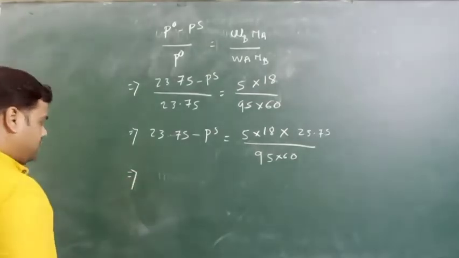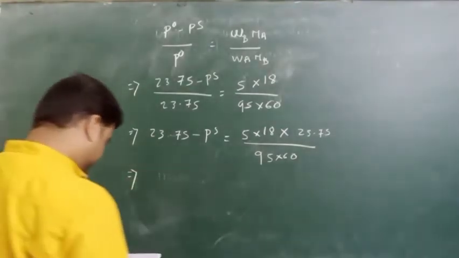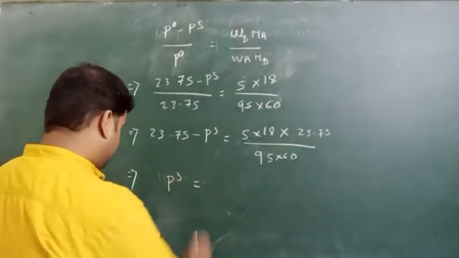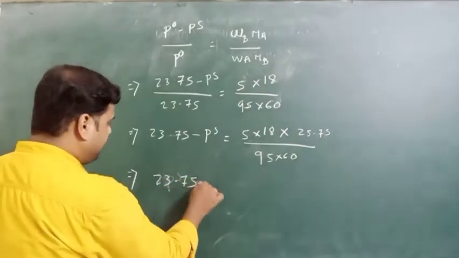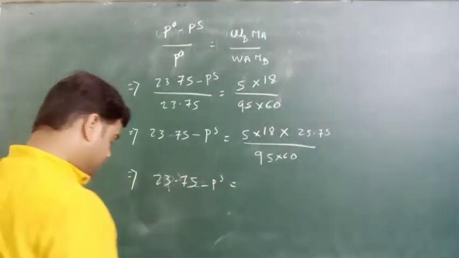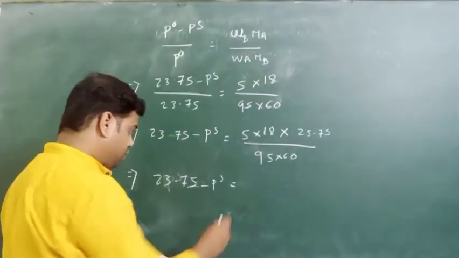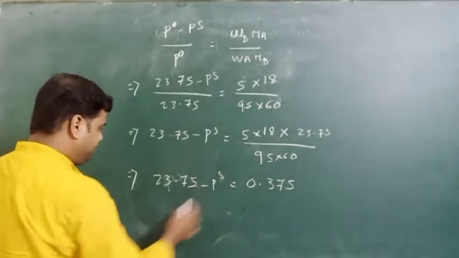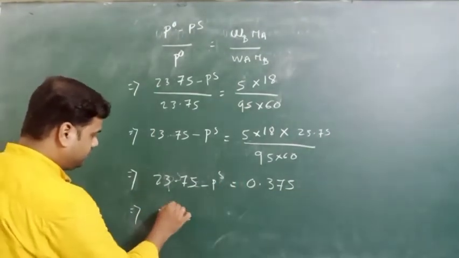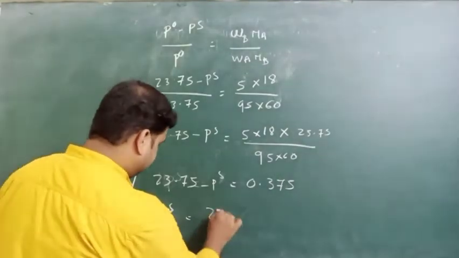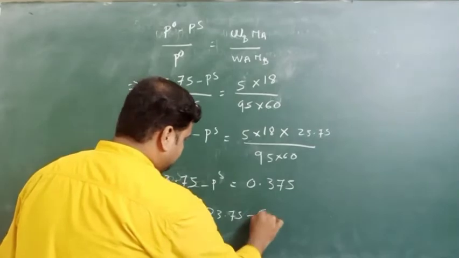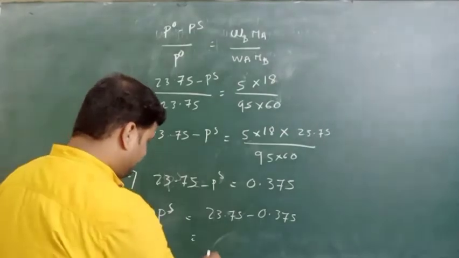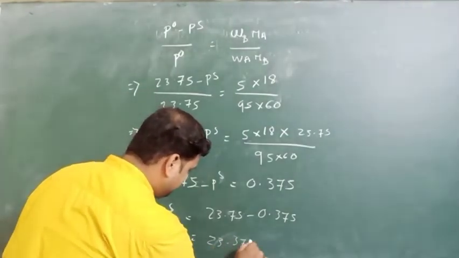While calculating, 23.75 minus Ps equals 0.375. That implies Ps equals 23.75 minus 0.375, and the value will be 23.375.